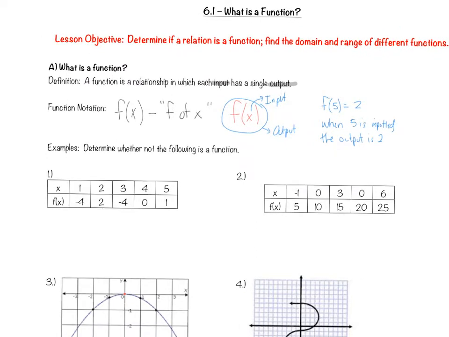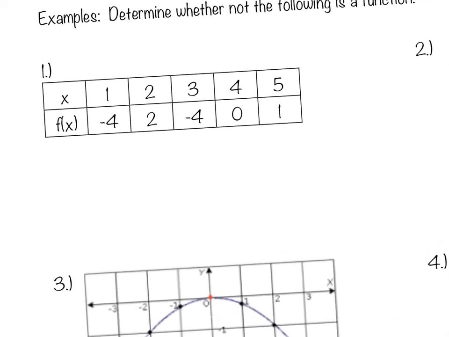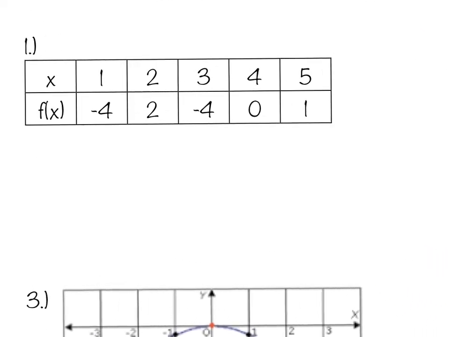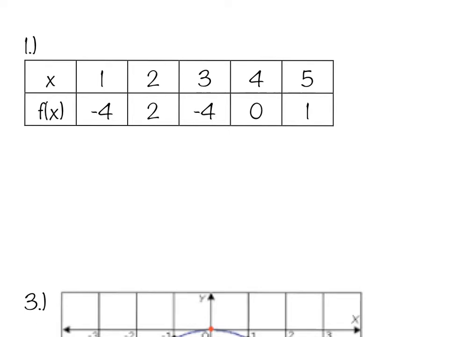So, looking at specific examples to determine whether or not something is a function or not, remember the words here that for every input you can have only one single output. So the first thing you're going to look for in these is, in the input values, see if you have any repeating input values.